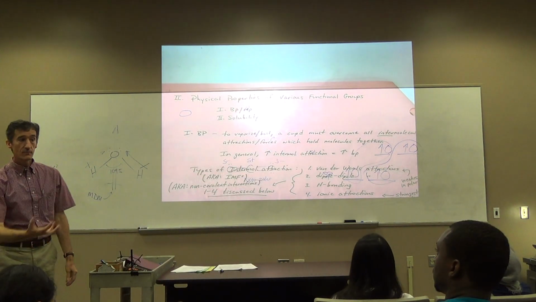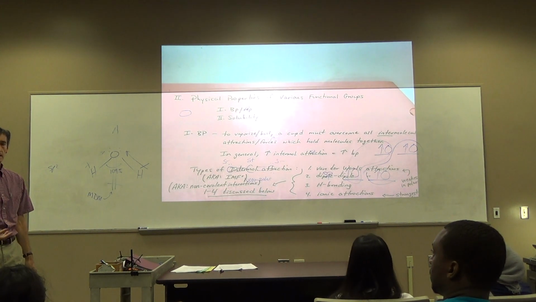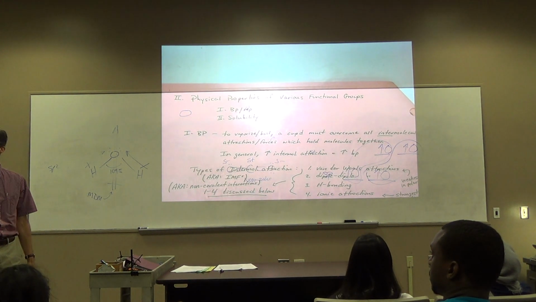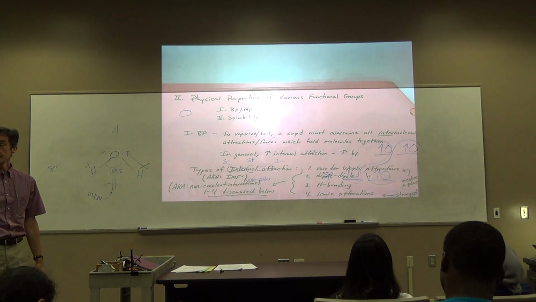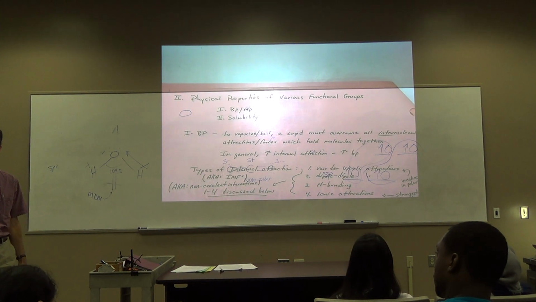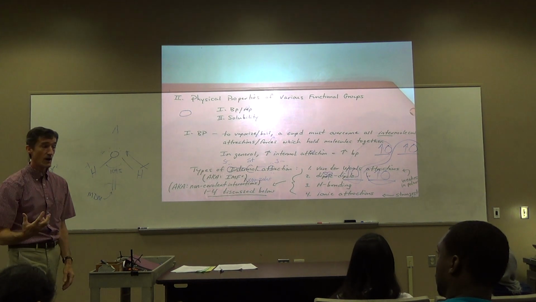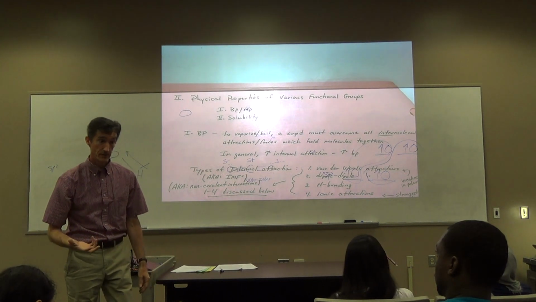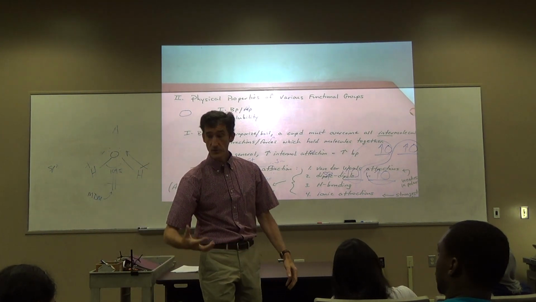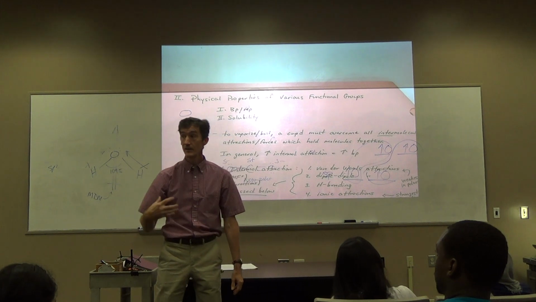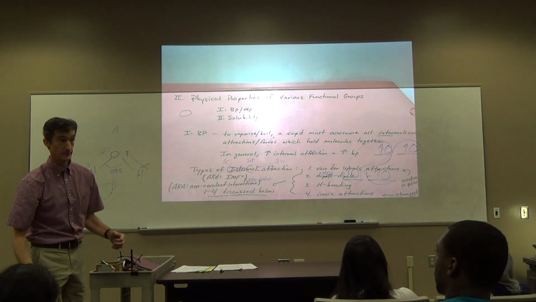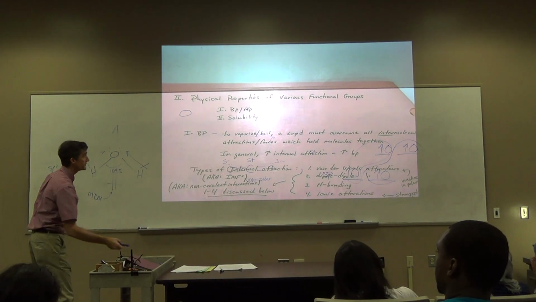We have to overcome these, what type of interactions? Intermolecular forces. That's the official term, IMFs. You can also call them non-covalent interactions, because these aren't covalent bonds. That's terminology.